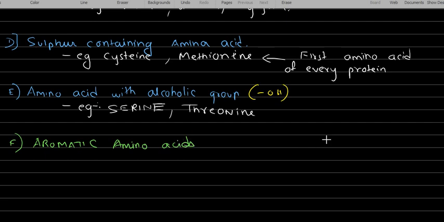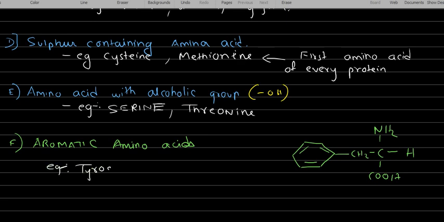In the case of phenylalanine, you can see there is a benzene kind of ring present, and then it is attached to the NH2, COOH and H. So there is a benzene ring over here that will be attached in the case of phenylalanine. Other examples you can see are tyrosine, this one is phenylalanine, and even tryptophan.